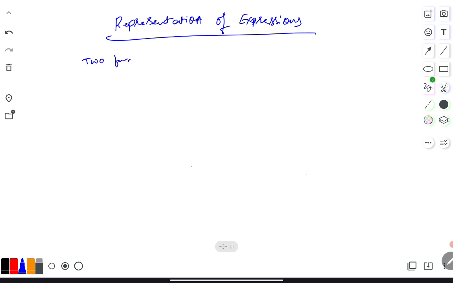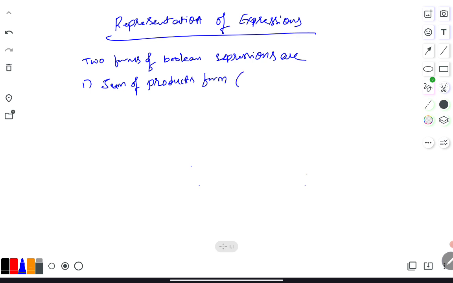The two forms of Boolean expressions are: one is the sum of products form, also called SOP.